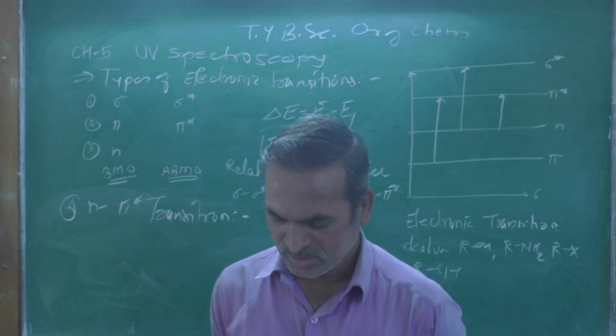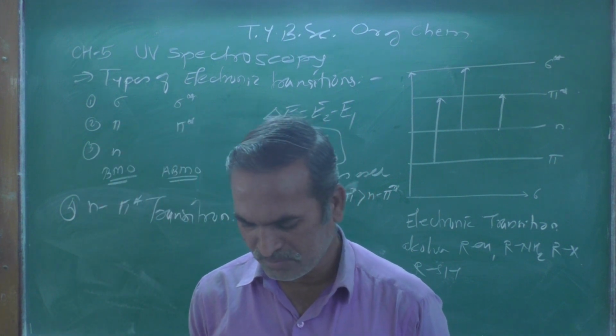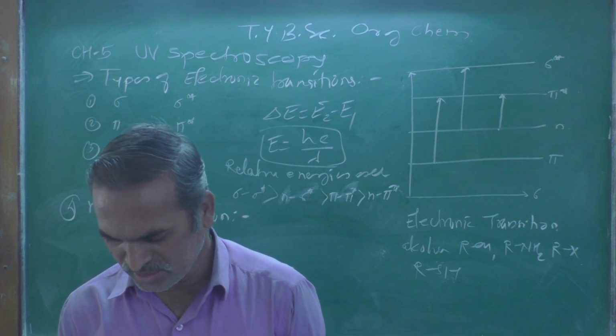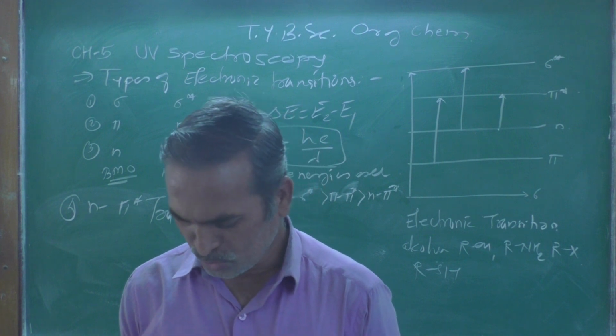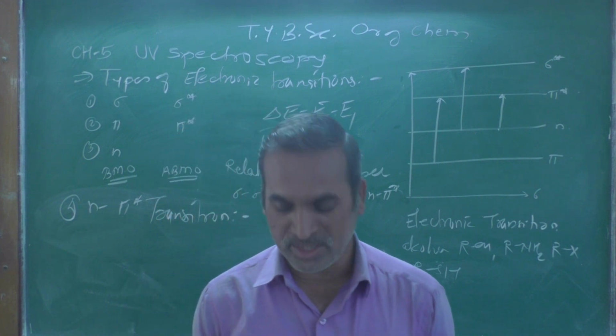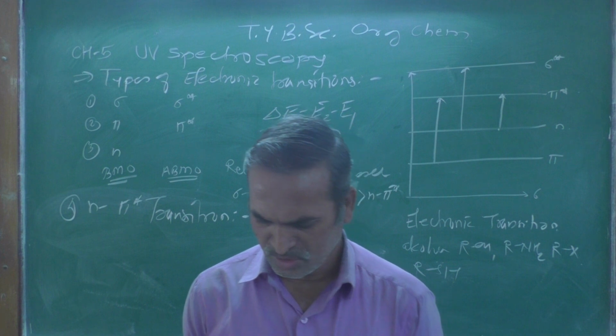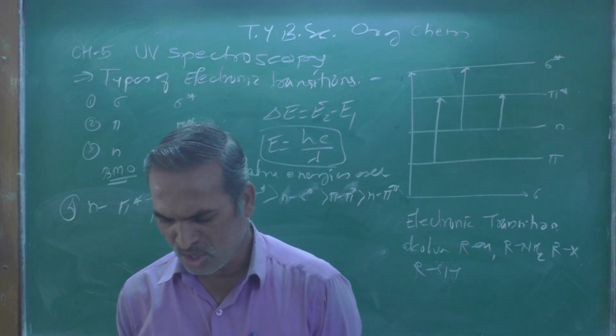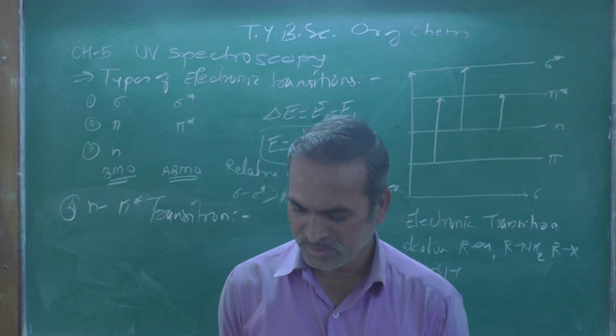Out of the 4 types of electronic transition, we are mostly concerned with N2 pi star and pi to pi star transitions, which are less energetic and absorption occurs in the UV region.